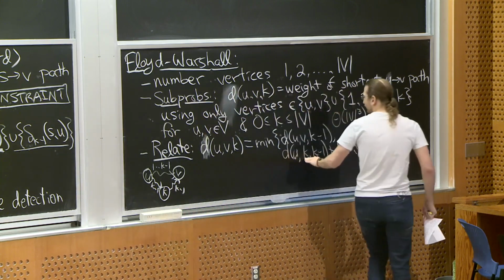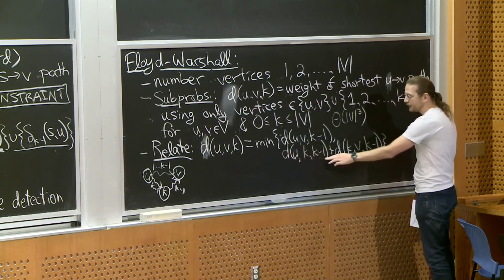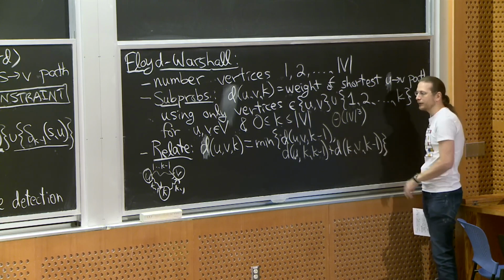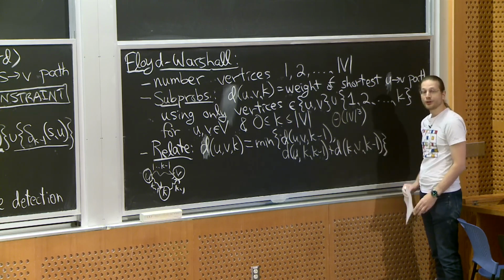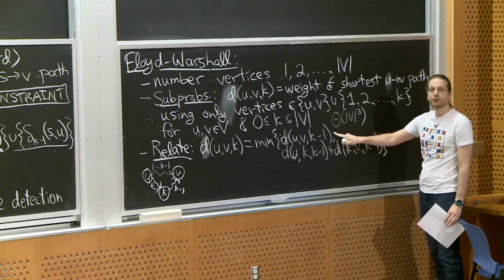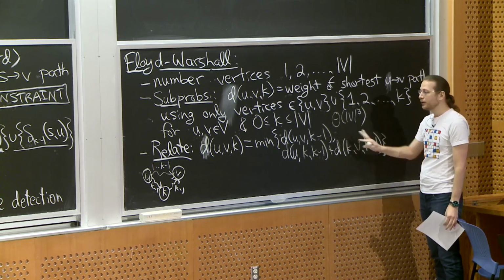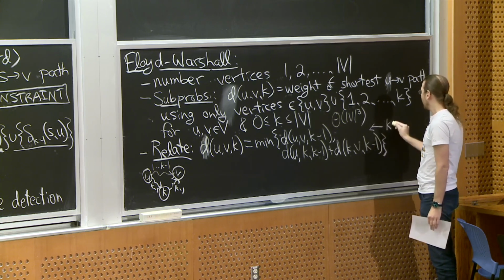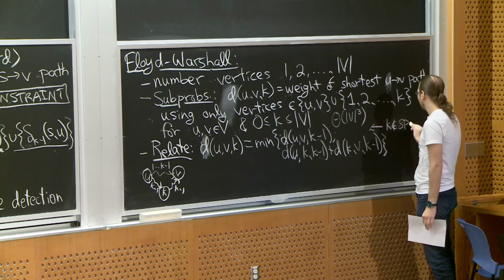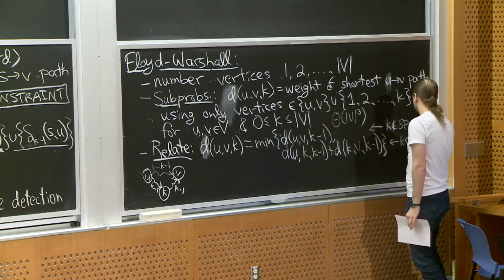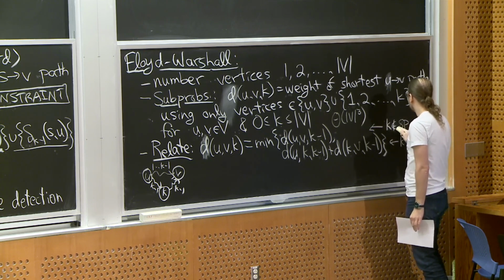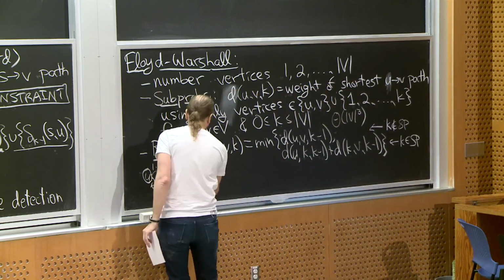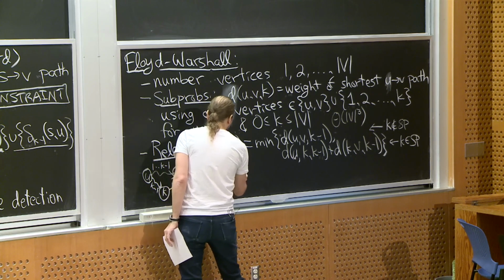It's from u to k using labels up to k minus 1, and from k to v using labels up to k minus 1. Okay, the cool thing here is the min only has 2 terms, so this takes constant time, non-recursive work. So this is k is not on the shortest path, and this is k is on the shortest path. Cool, so this is constant non-recursive work.